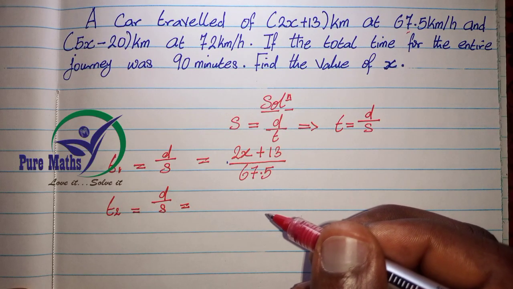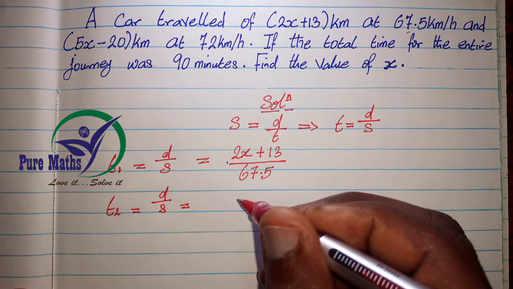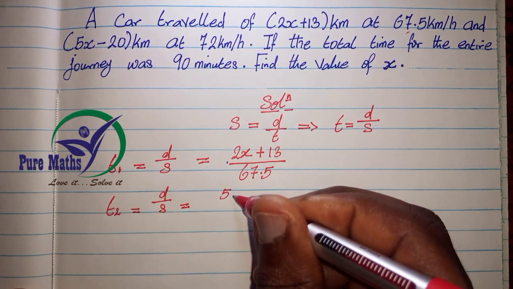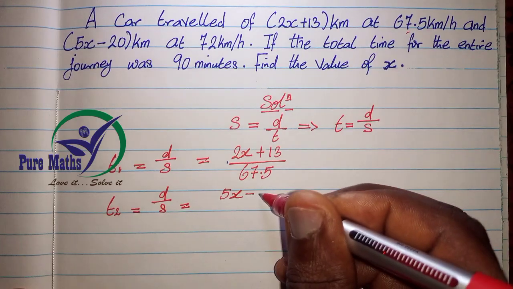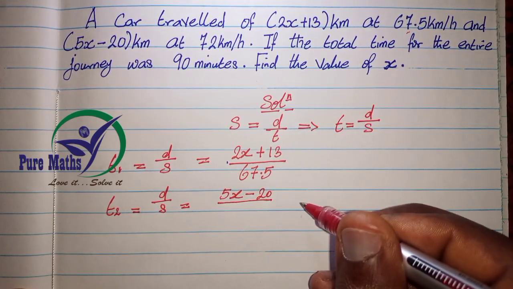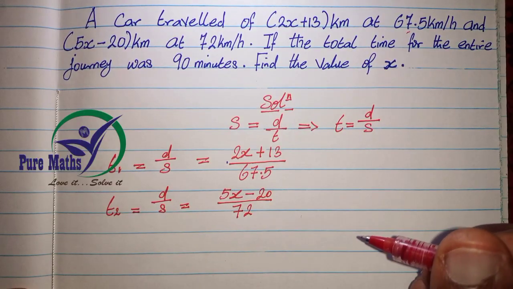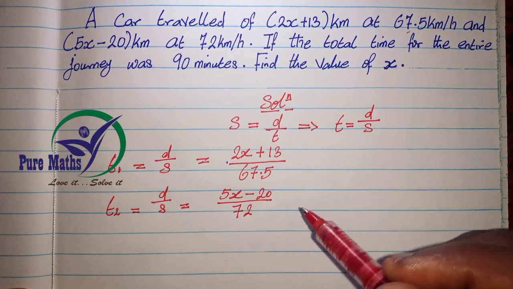Distance for journey 2 is 5x minus 20 km all over 72 km per hour, which is the speed. So that is for T2.